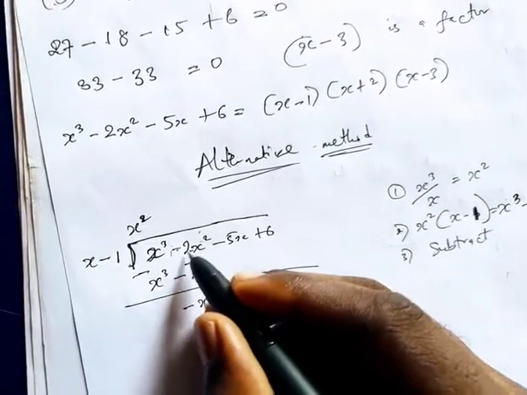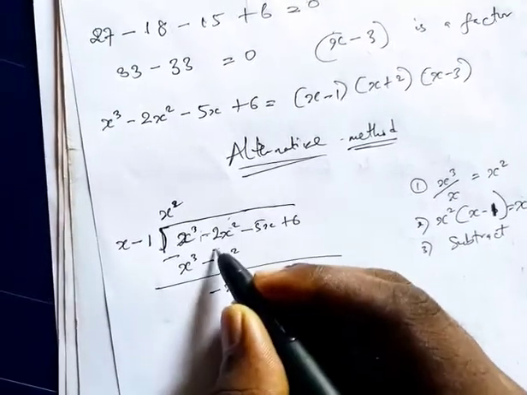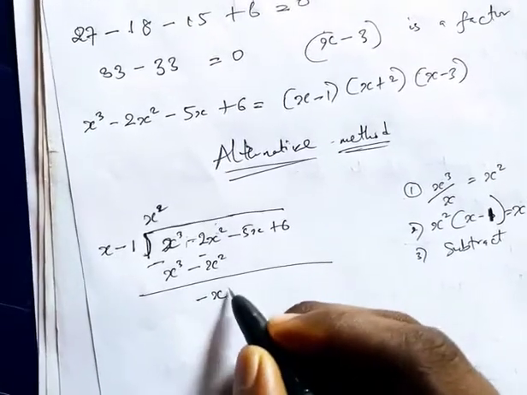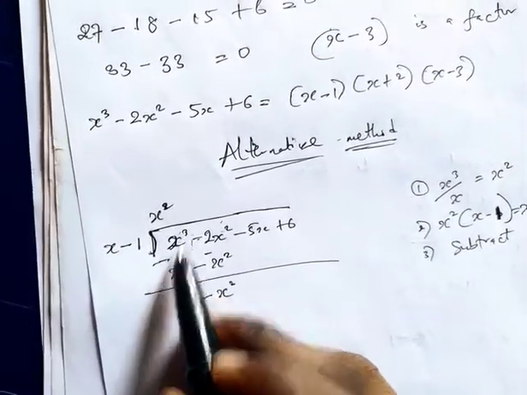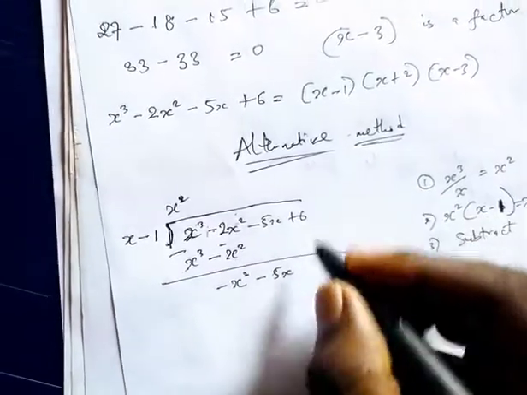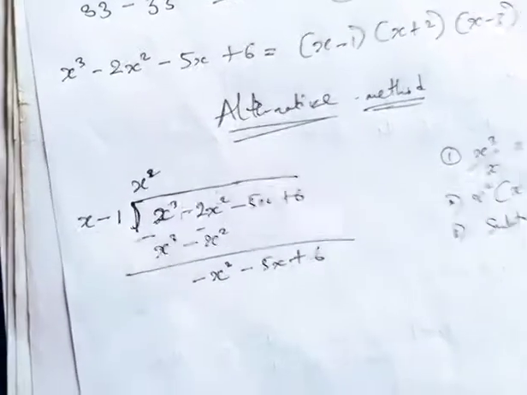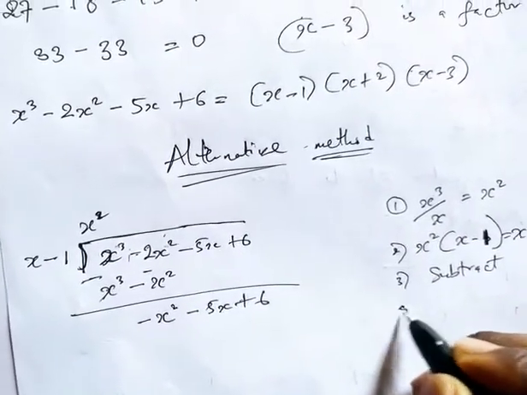So this gives me negative 2x squared plus x squared to become negative x squared. Now, mind you, this cancels out, and I'll be left with this plus this. Okay, now I go over it again.